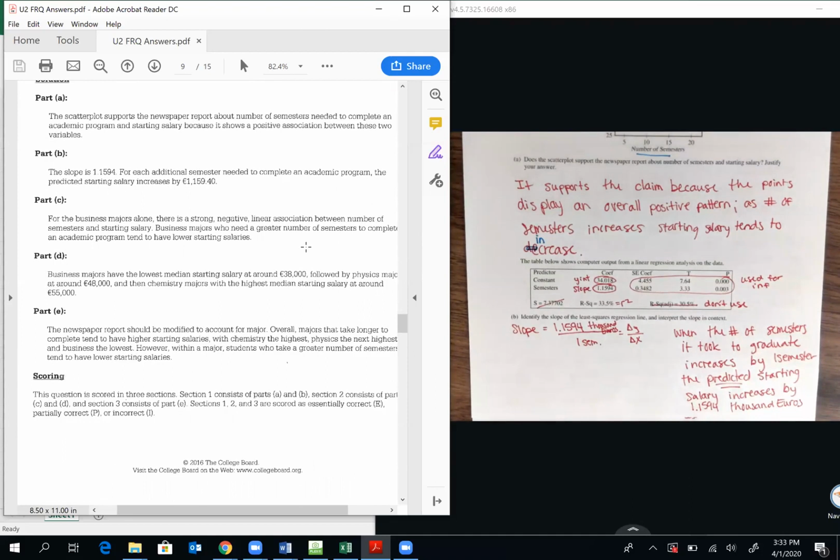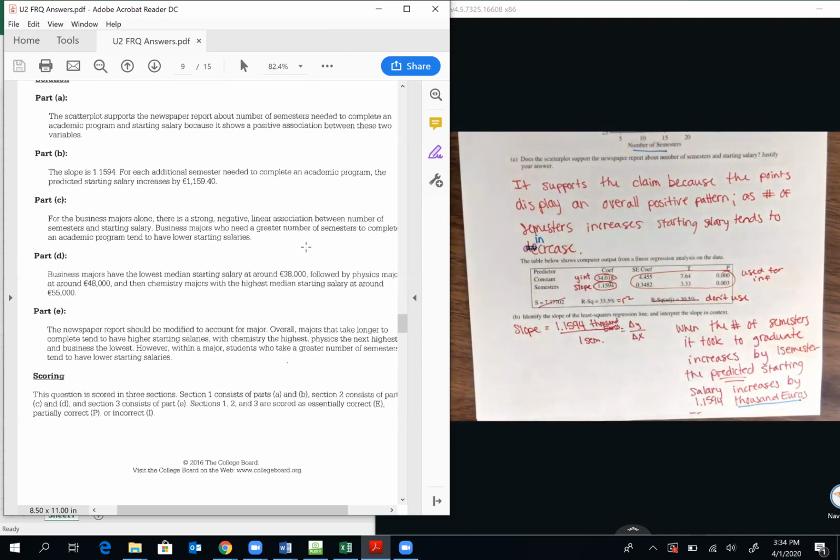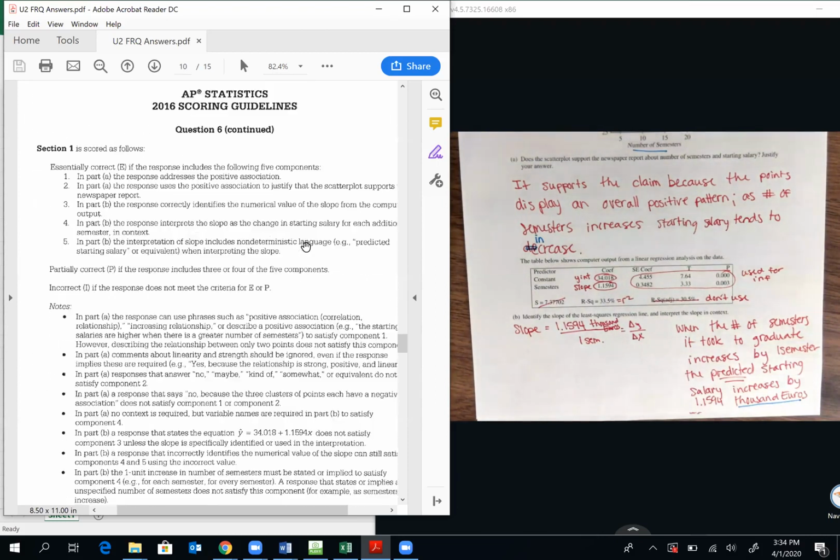So part B is asking you to interpret the slope. Again, that's change in Y over change in X. When the number of semesters it took to graduate increases by 1 semester, the predicted starting salary increases by 1.1594 thousand euros. Make sure you're indicating the units. You don't just say euros, although I think they didn't take off for that if I remember correctly.